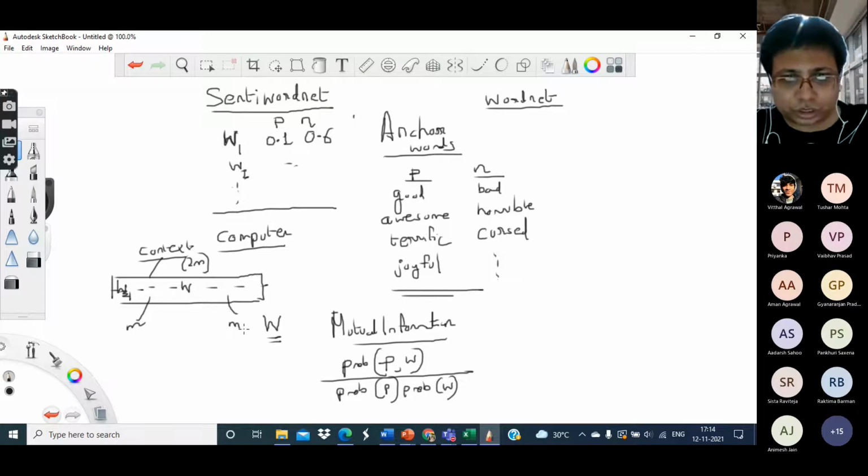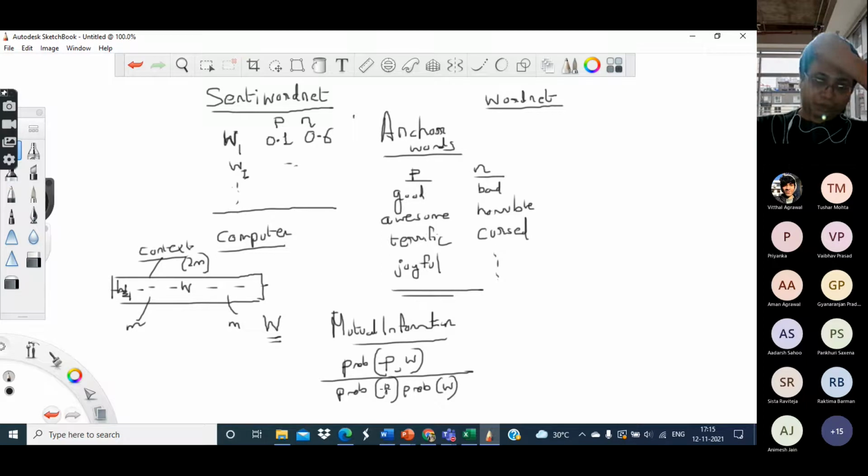Now what is being said is, across a very large number of documents, what is the probability that these two words occur together, that is, either W is in the context of the word P or P is in the context of the word W. This probability is divided by their individual probabilities, that is, probability of P and probability of W.